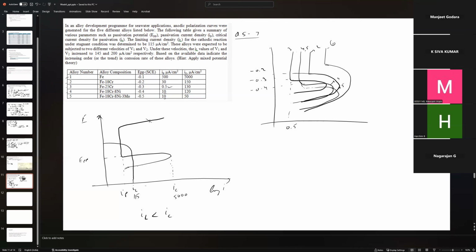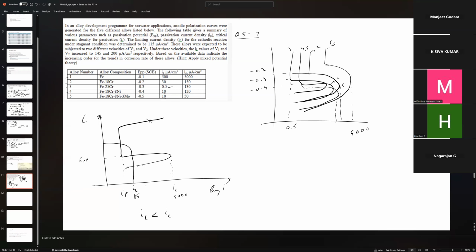And this is the first sample, so it has a critical current density of 5000. This is the second one, and this is the fifth one.